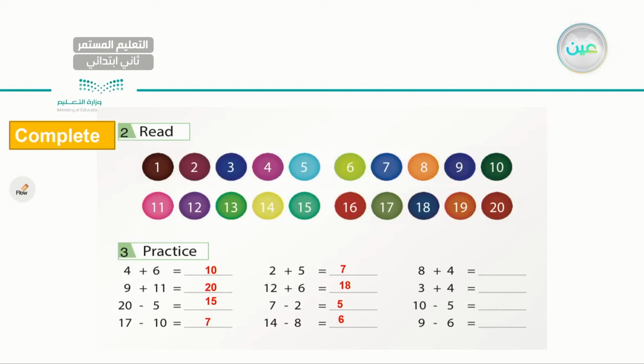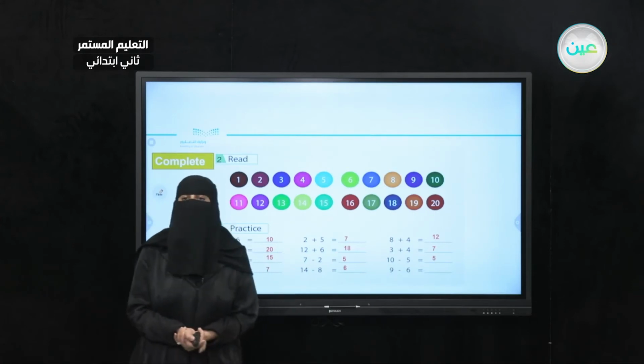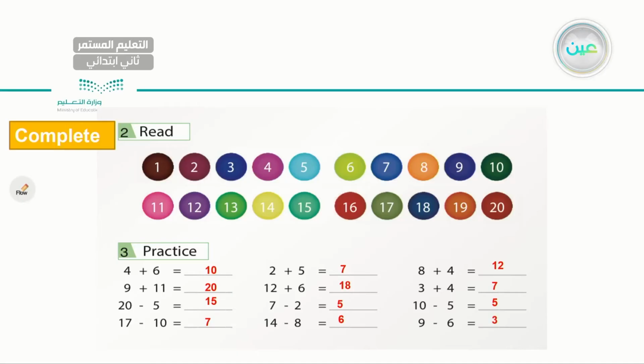Now let's go to the next one. 8 plus 4. So I have 8 and I will add 4. That will have the total 12. Next, 3 plus 4. That's an easy one. 3 plus 4 equals 7. 10 minus 5 equals 5. And 9 minus 6 equals 3.